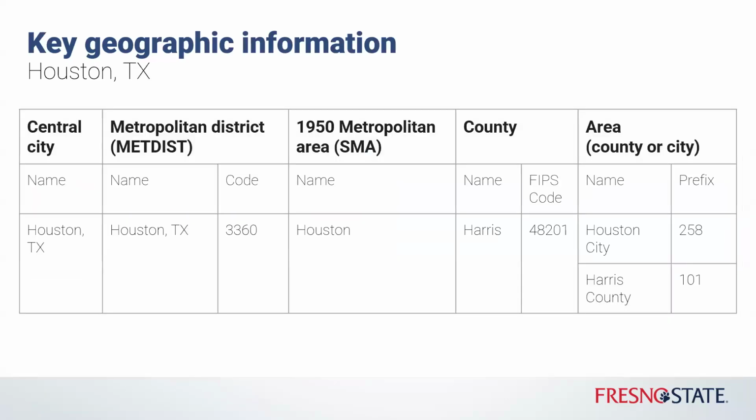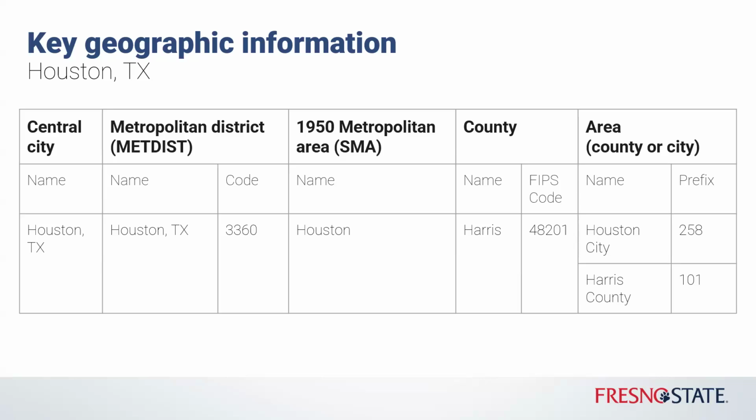So now going back to this table we're filling out, we know that the City of Houston's prefix is 258. And everything else in Harris County that's not the City of Houston has a prefix of 101. Here's why this is important. You're going to find an enumeration district with the number 10.